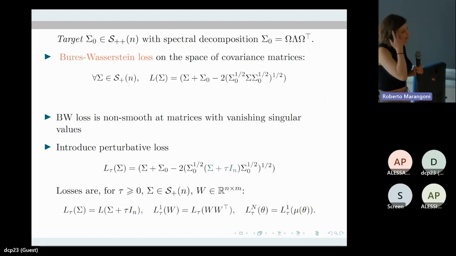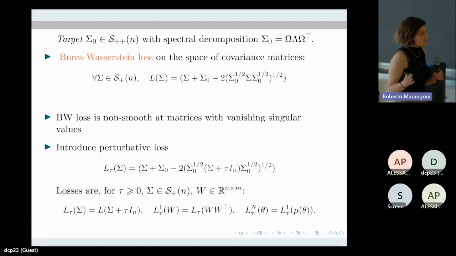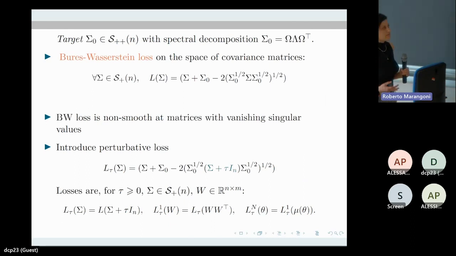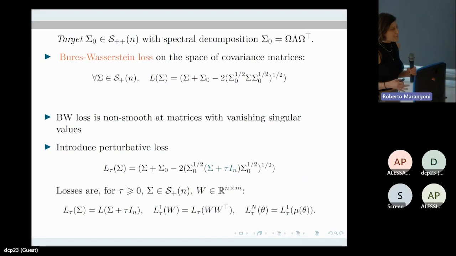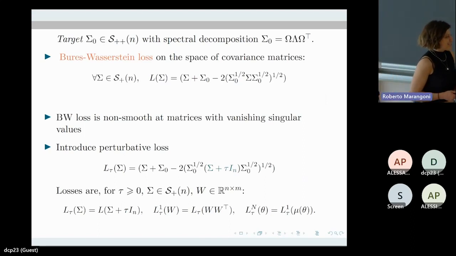If you remember, we have the parameter space, which is just the tuples of W's, the matrices of the different layers, and then we have the function space, which is just the end-to-end matrices. It really depends on the search variable that we are using. Here we will see the results for the perturbative loss, but we can also transfer the results to the original one. For the sake of simplicity, we will just discuss the perturbative loss.